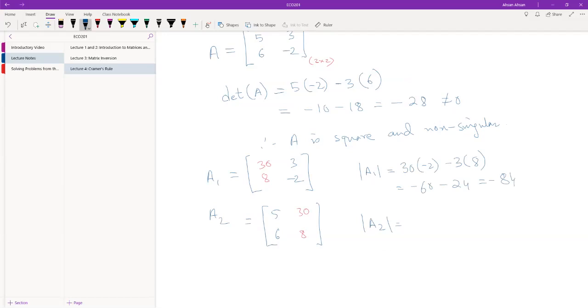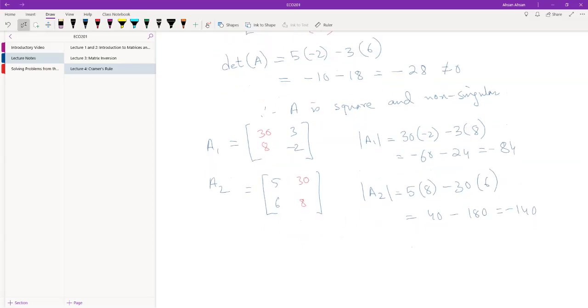And the determinant of A2 is 5 times 8 minus 30 times 6. So this is 40 minus 180, so minus 140.